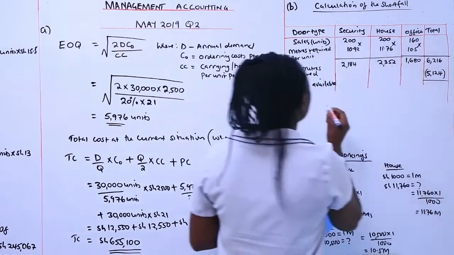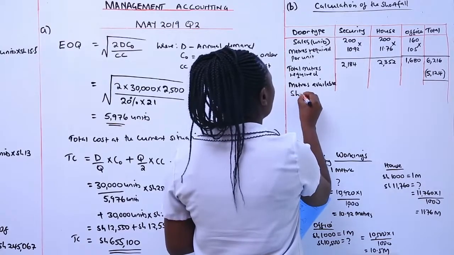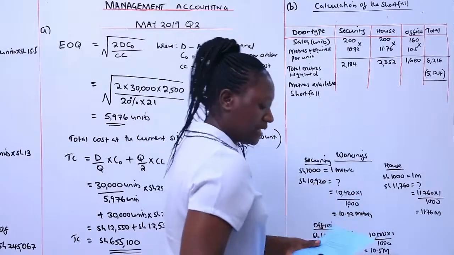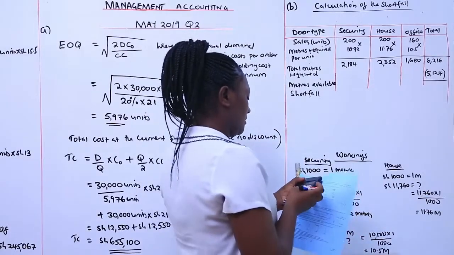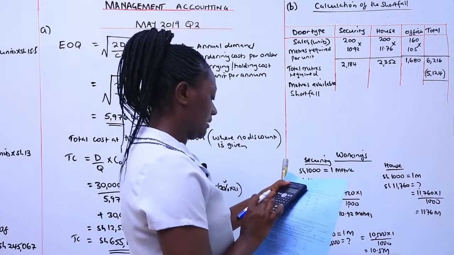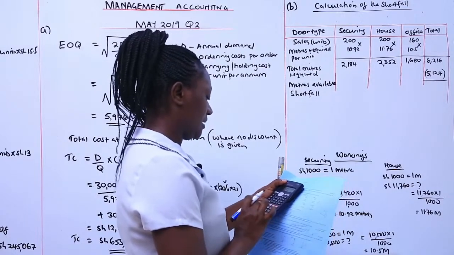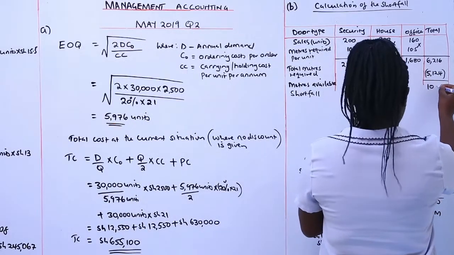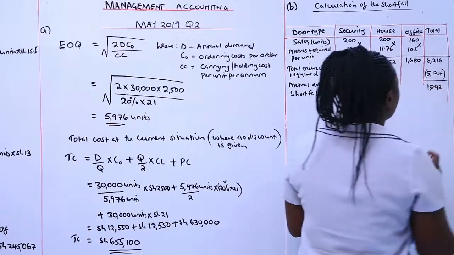When we subtract this, we are getting what we refer to as a shortfall, which is now the difference. 6,216 minus 5,124 is 1,092.